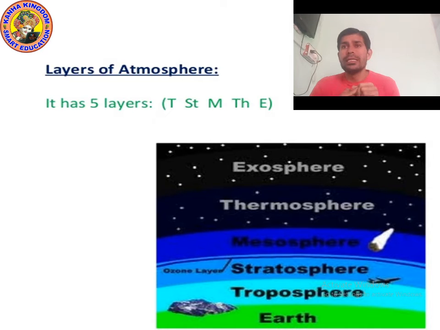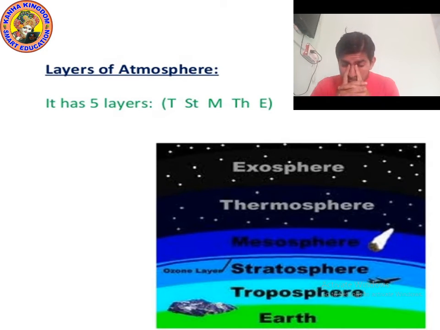The fourth layer is thermosphere. The last layer is exosphere. Then the question is, what comes after exosphere? Nothing, because there is no ending of our universe. So after exosphere is nothing. You can count the black hole.